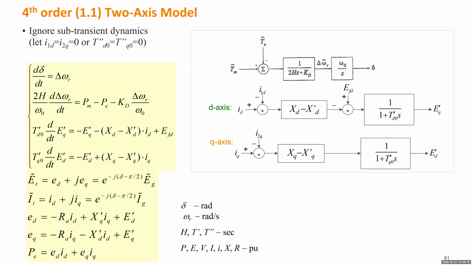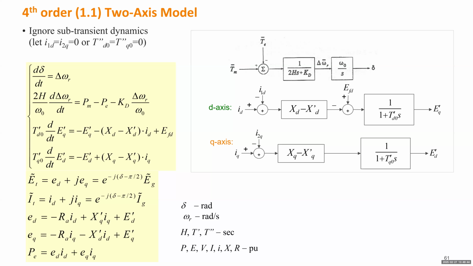But you can see I treat the damper winding current in the D axis and the second damper winding current in the Q axis still as input to this block diagram, because those 2 block diagrams are obtained not from this 1.1 model, actually from a 2.2 model.